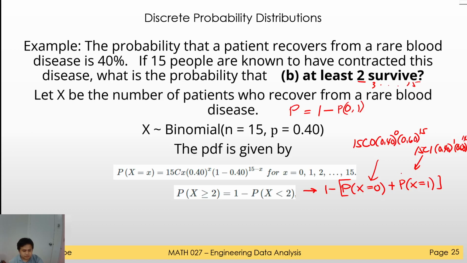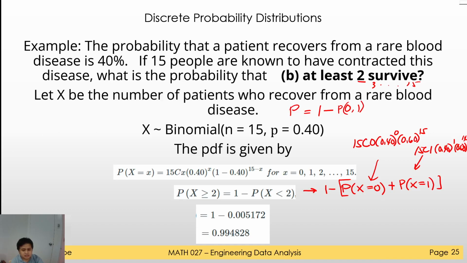So if you add these 2, then you will have 0.005172. Therefore, the probability that at least 1 will survive will be a high number, expectedly, which is 99.14%. Okay? So it is that simple, no? So now we already solved some examples here.